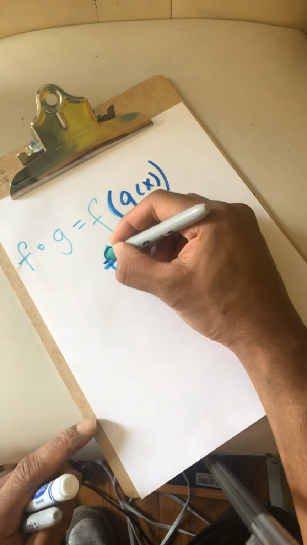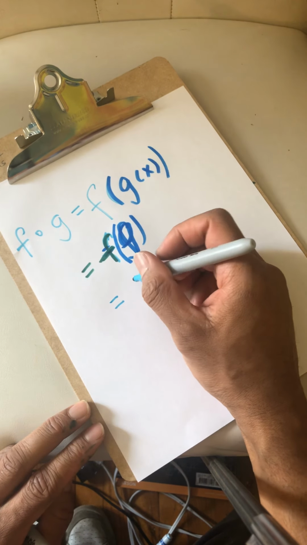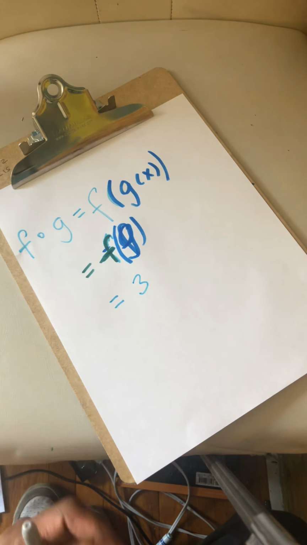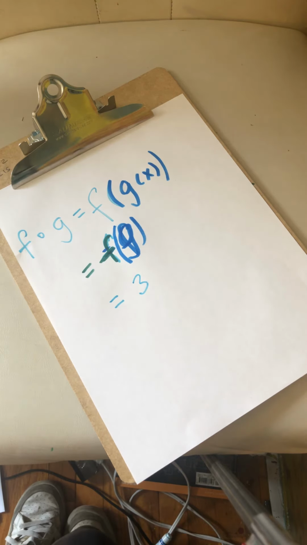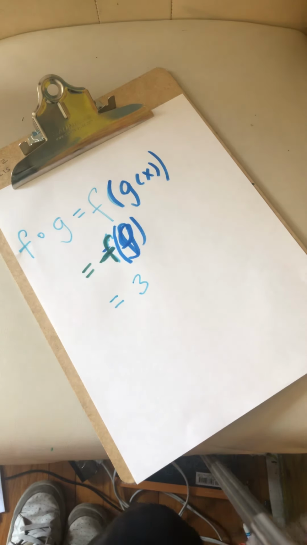What does that mean? Wherever I see X in my function F, I'm going to replace it with G. So for F, I see 3 times X, which I'm going to write as 3 times G. Plus 11, there's no G there, so we can leave that constant.